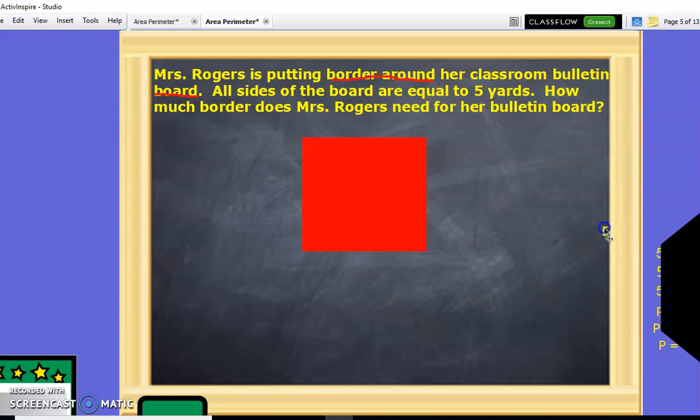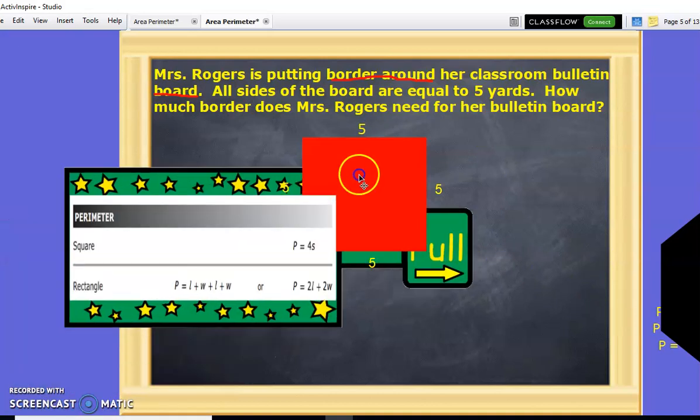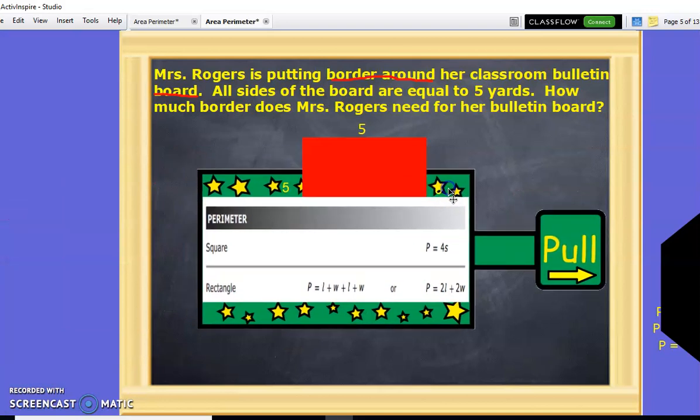Next, we're going to label the sides. We're going to look at our formula chart.